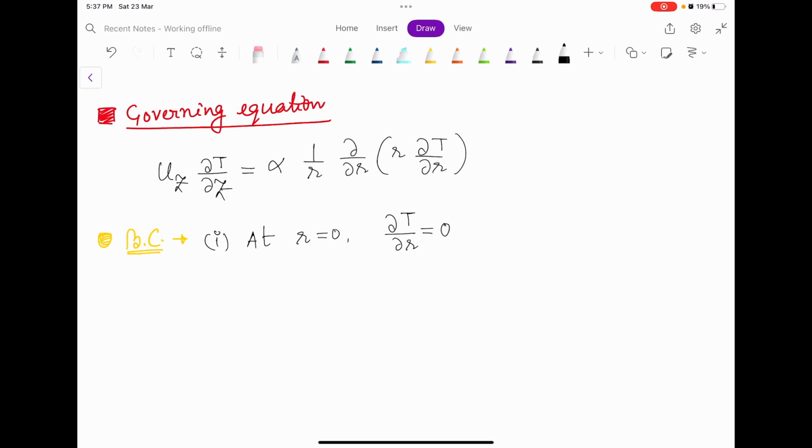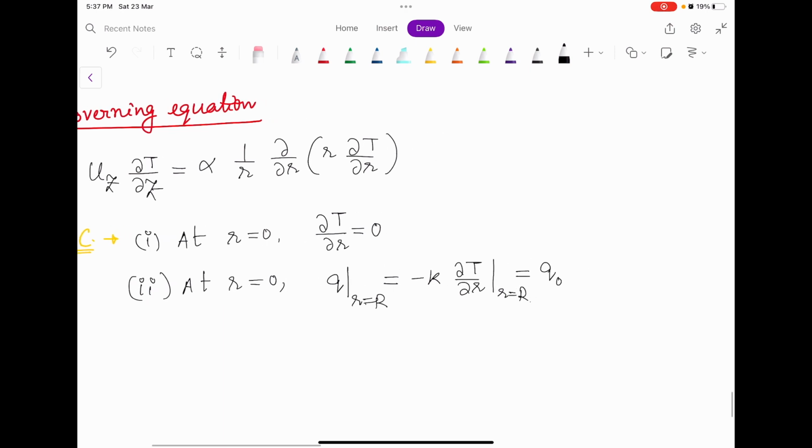And we also have the heat flux q at r equal to R, that is nothing but minus k del T del r at r equal to R, and that is a specified constant.